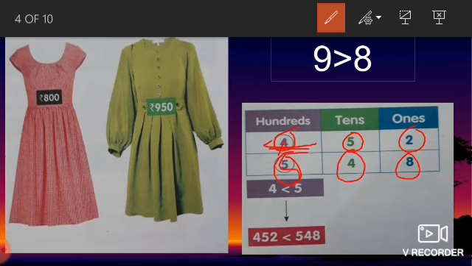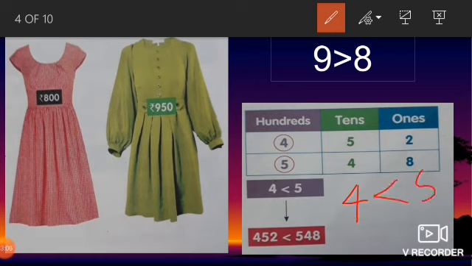So 400, 500. In these two, which one is bigger? Yes, 548 is the bigger number. We write it as 4 is less than 5, so 452 is less than 548.